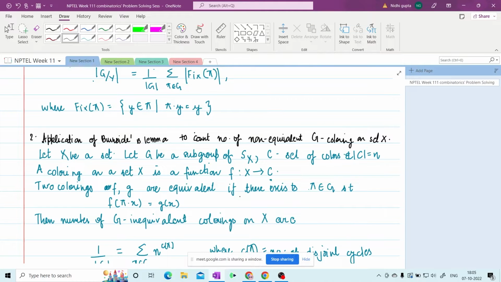So two colorings are equivalent if we can achieve the second coloring by one of the symmetries of X from the group G.